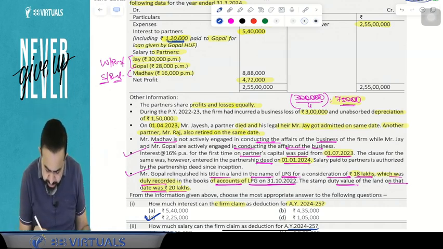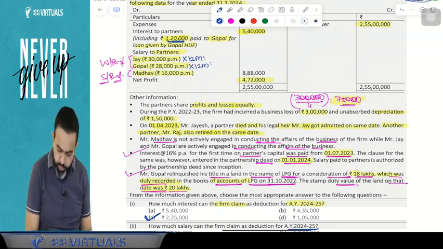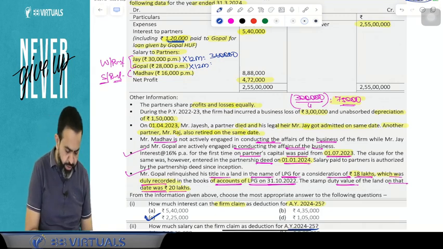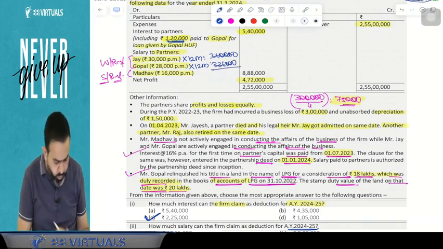Now, Jay 30,000 per month multiplied by 12 months, and Gopal 28,000 per month multiplied by 12 months. So 30,000 multiplied by 12 comes to 3,60,000. And 28,000 multiplied by 12 months comes to 3,36,000. So what is the total remuneration?